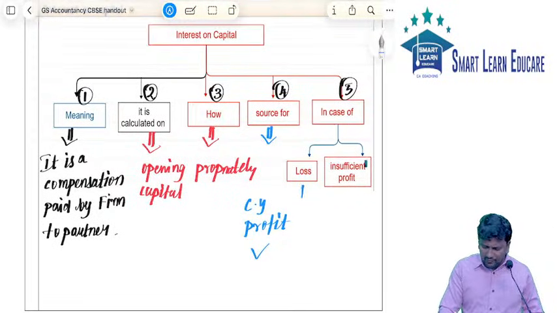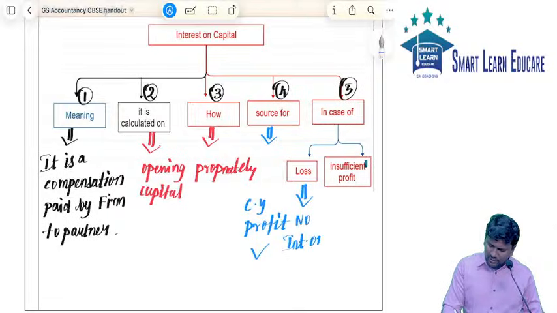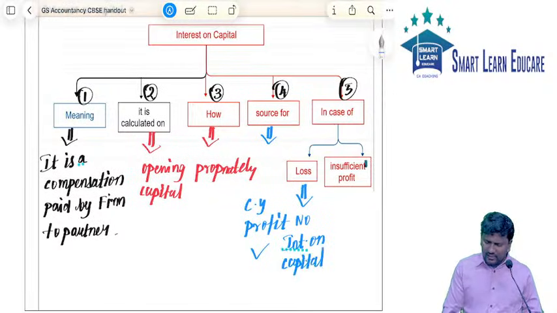In case of loss, no interest on capital will be paid. In case of loss, no interest on capital. If there is a loss, interest on capital will not be paid.